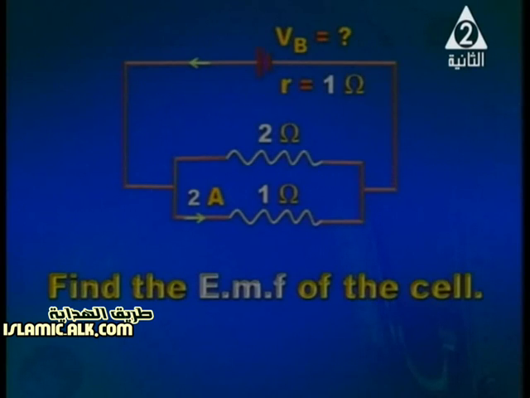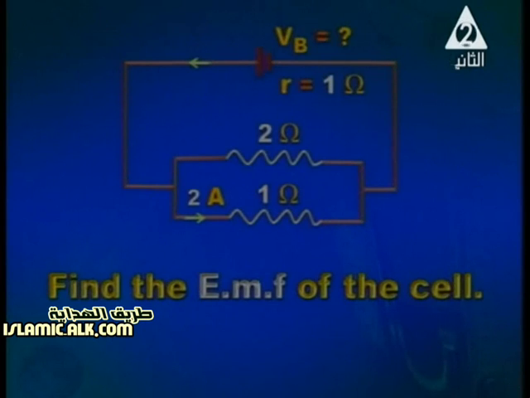Voltage across the 2 ohm will be also 2 volt. And knowing the voltage and the value of the resistance, we can calculate the current. So current through the 2 ohm resistor, it is 2 over 2, it will be 1 ampere. 1 ampere plus 2 ampere will give the total current. Total current multiplied by the total resistance will give the V battery.